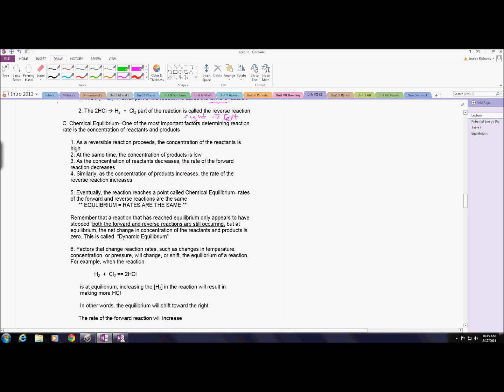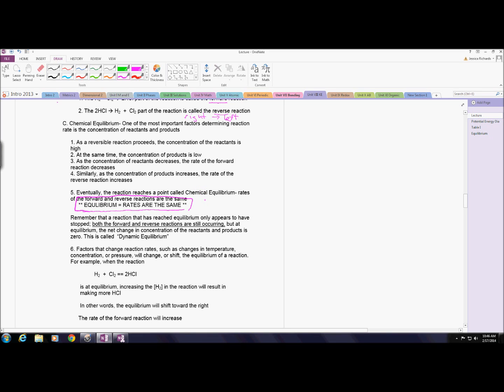As we make more of the products on the right side, then that reverse reaction picks up speed and starts to go faster and faster. Eventually, you hit a point where the forward reaction is going at the same rate as the reverse reaction. So the left to right reaction goes just as fast as the right to left reaction. The forward reaction and the reverse reaction are at the same rate.